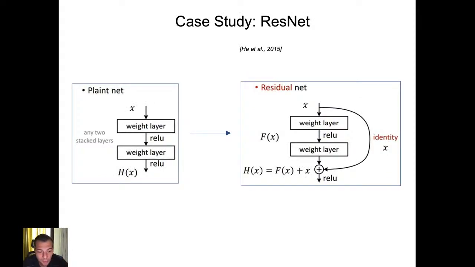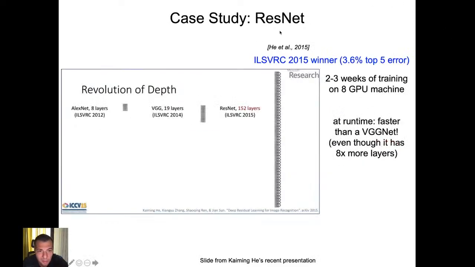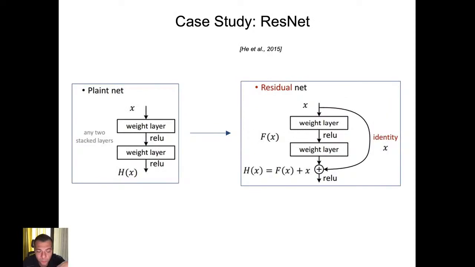The convolutional layers are inspired by GoogleNet, so they use small 3 by 3 filters and alternative pathways, but they also introduce these residual connections, also known as skip connections.